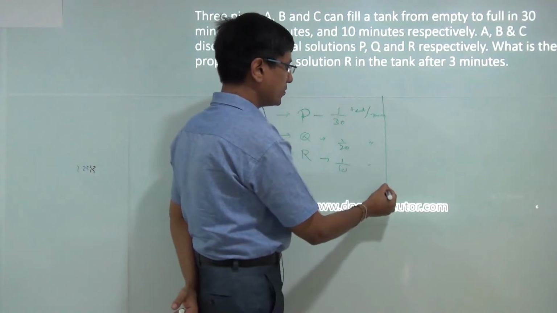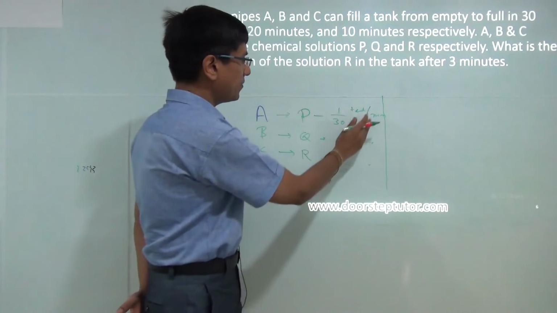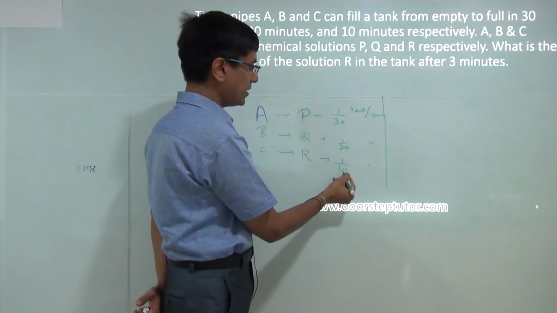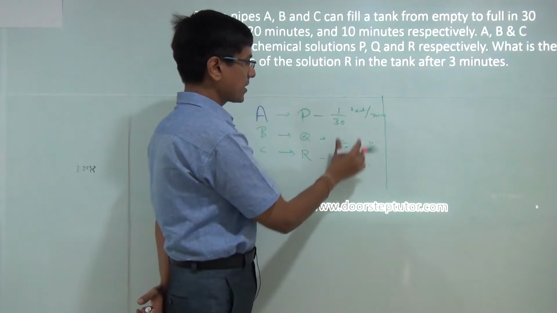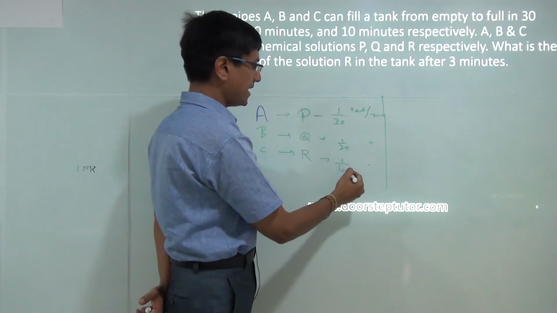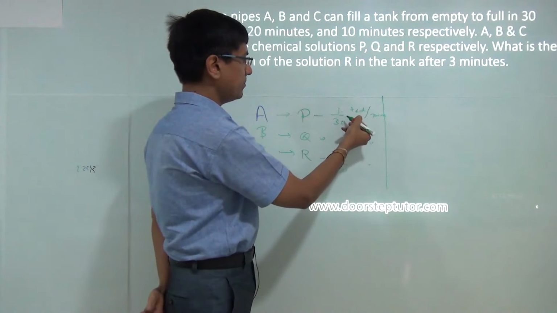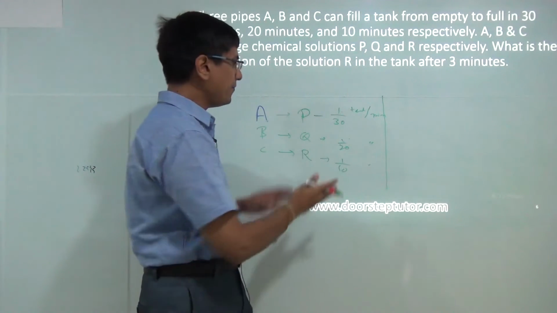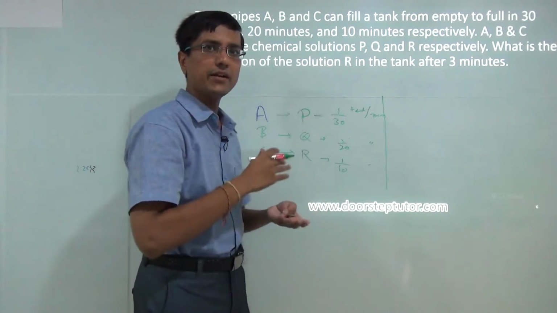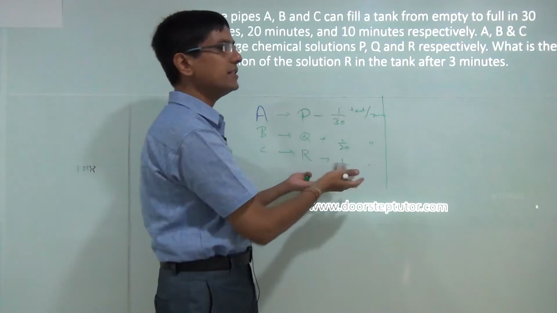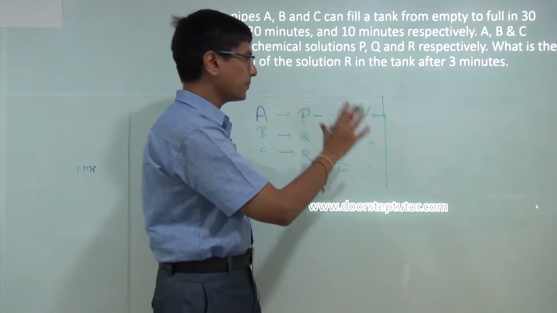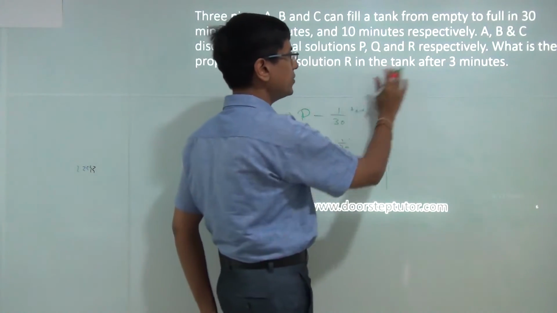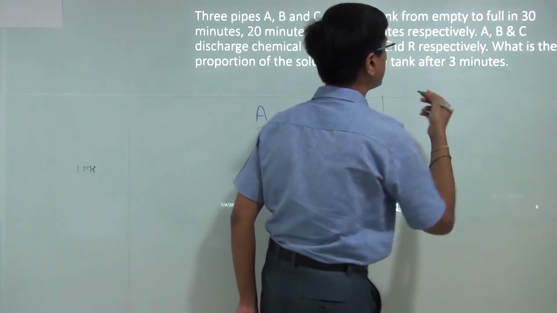The proportion after 1 minute is 1 by 10 divided by the sum of these 3. After 2 minutes it will be 2 by 10, this will become 2 by 20, this will become 2 by 30. So all of these get multiplied by 2. Therefore the proportion remains unchanged. The proportion only depends on the rate, it does not depend upon time. So this data is redundant.